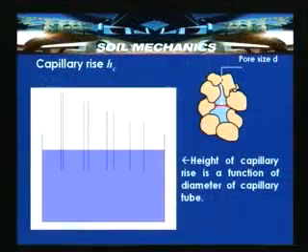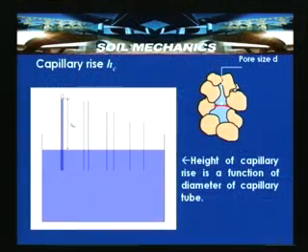So, let us look into this. Here again the vessel has tubes of different diameters D1, D2, D3, D4, where D4 is greater than D3, D3 is greater than D2, and D2 is greater than D1. Let us see how the capillary rise can be understood from the previous deduction.